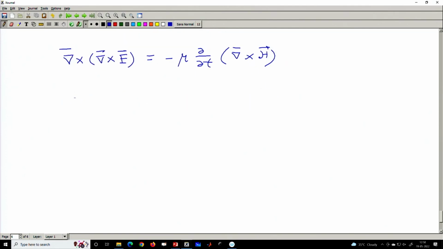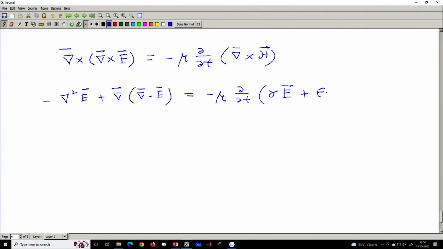So, left hand side, the famous identity, that del square E plus gradient of the divergence of E. Right hand side, what I write is simply minus mu del T of sigma E plus epsilon del E del T, that I find.